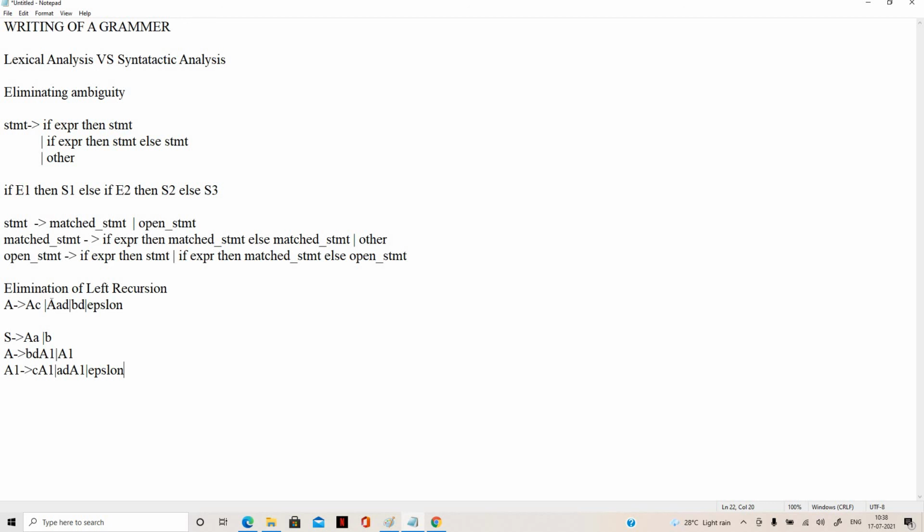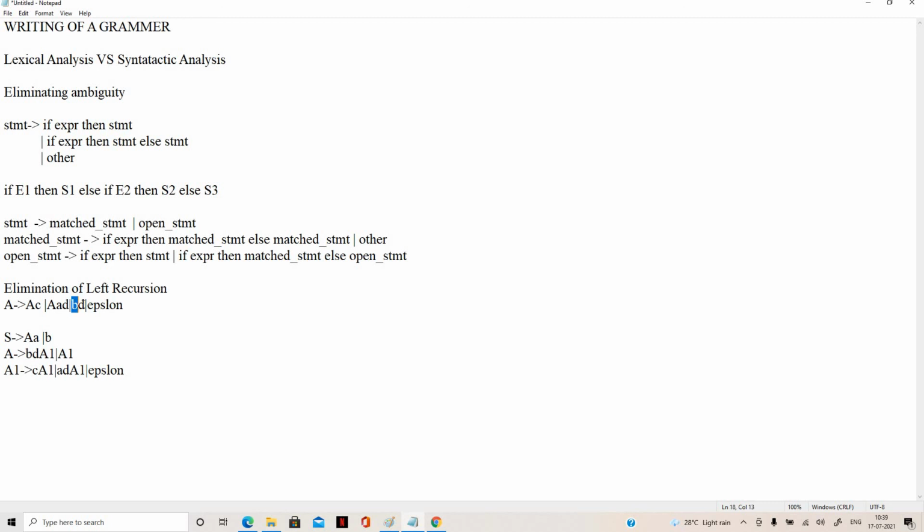So this is the grammar. AC is there, AD is there, BD is there, epsilon, and these two we don't have any left recursion. But here in this we found it, and what I am doing is substituting and introducing a new variable S. It will be A A or B and D. So wherever we have A A, that can be replaced with S, and B also if we want.